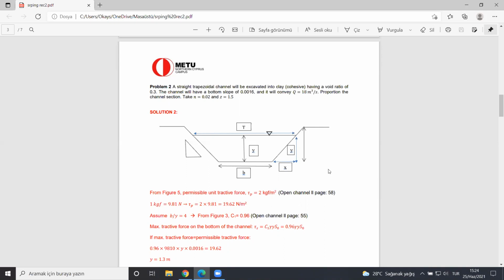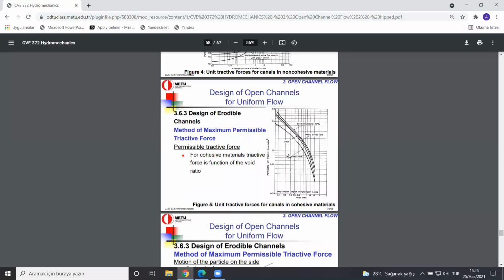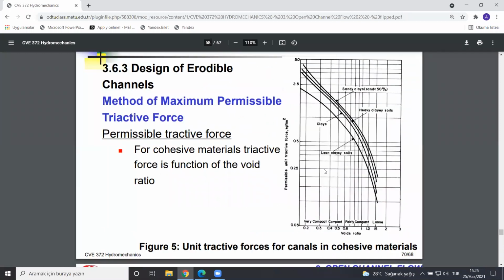How can we start? We can start by deciding what our permissible unit tractive force is. So how can we do it? If you go to the open channel 2 lecture notes, on page 58, you'll see a graph like this.